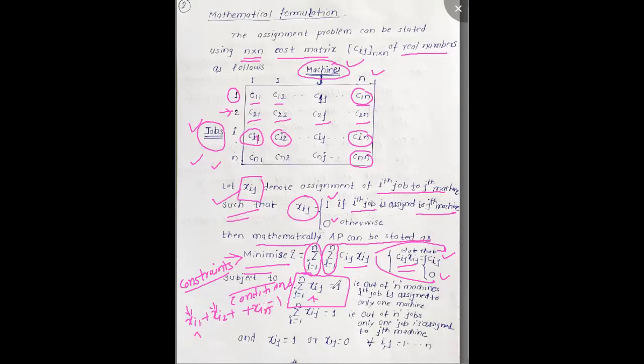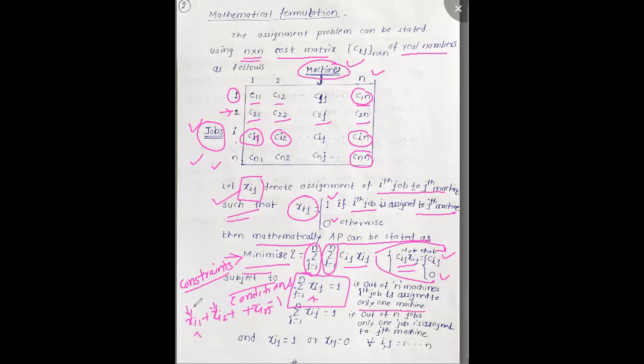So this sum is 1 means what? There are n machines, so out of n machines, the ith job is assigned to only one machine. What happens if we assign it to two machines?